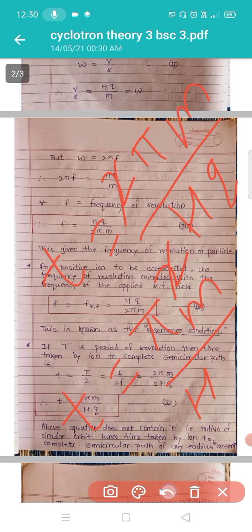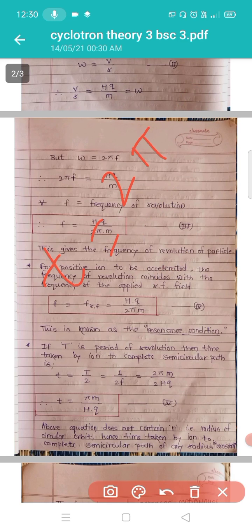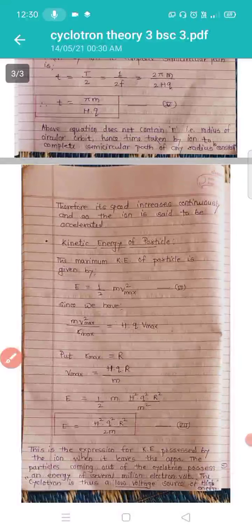Okay, understood? Then the next part is the kinetic energy of the particle. The kinetic energy of the particle is given by the equation E is equal to half mv².